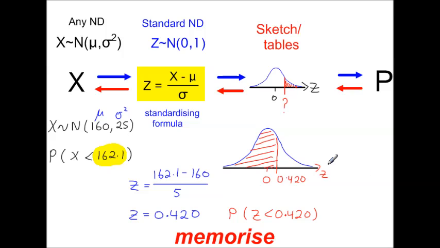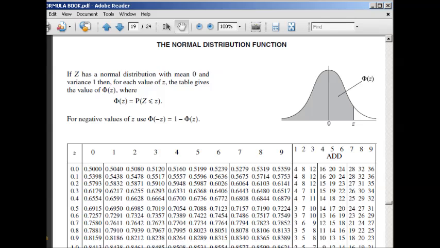And then we go to the tables to look up 0.42. There's 0.4. There's the 2. The third decimal place was 0, so there's nothing to do here. 0.42, so that gives us 0.6628.